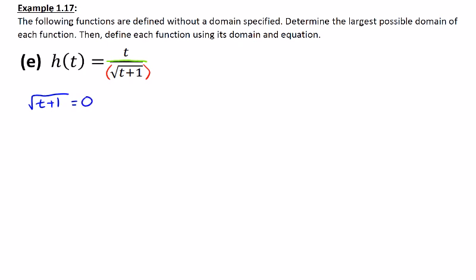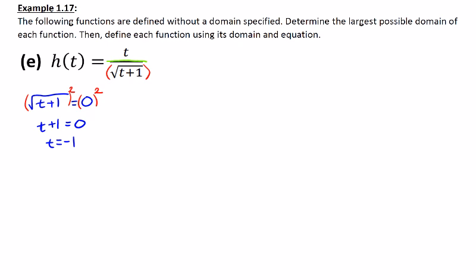Now we have to solve this equation. So we go back and think about all the solving techniques that we learned in a pre-algebra course, and we would square both sides to get t plus 1 is equal to 0, and then subtract 1 from both sides, and I would get t is equal to negative 1.